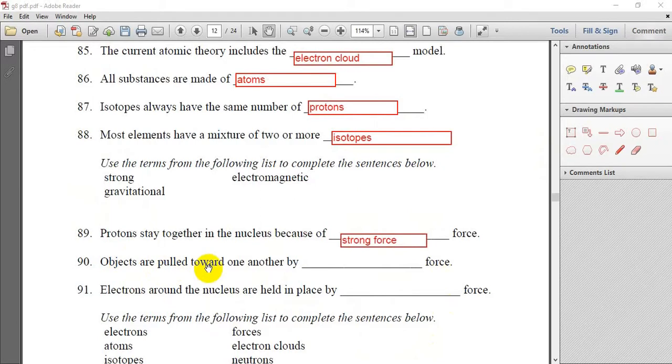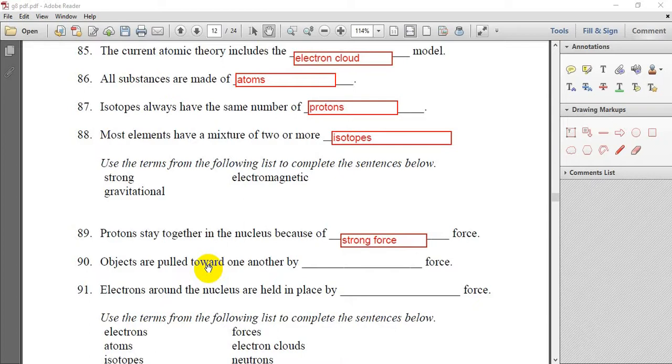Any two objects come together or are pulled toward each other by gravitational force. Like the Earth and us, we are pulled together by gravitational force. So also inside the atom, any two particles have gravitational force in between, but actually the gravitational force inside the atom is very, very small, because gravitational force depends on the mass of the object.